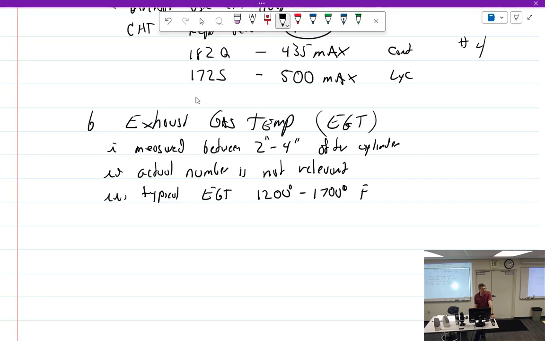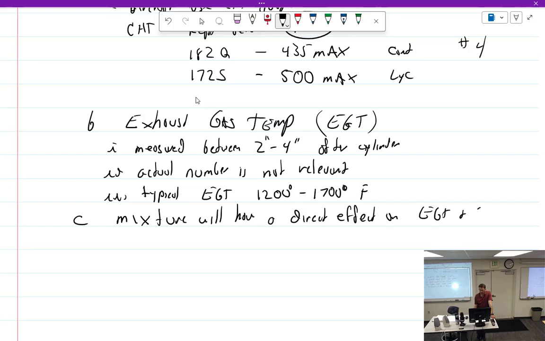Mine runs about 1410 max. Mixture, the red knob, will have a direct effect on EGT and CHT.